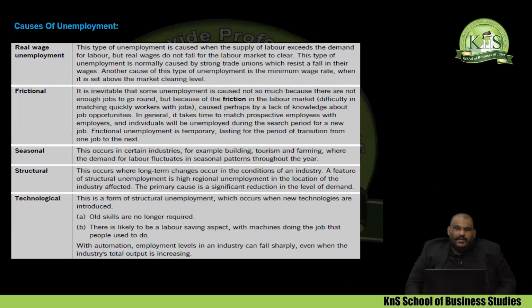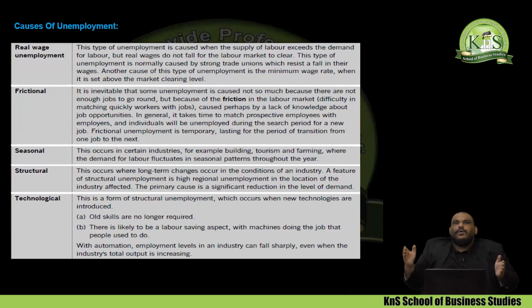Structural unemployment means there's a very high level of unemployment due to a structural change. For example, if a country is shifting its priorities more towards the service sector. A company which was reliant on the manufacturing sector, manufacturing cars and spare parts and tools, is now transitioning towards the service sector.